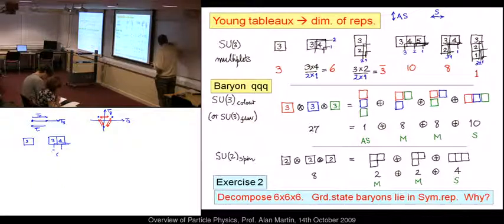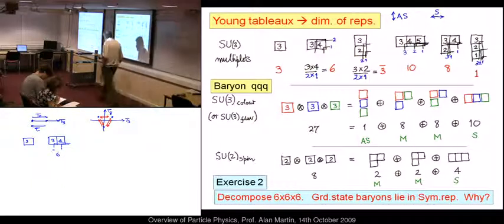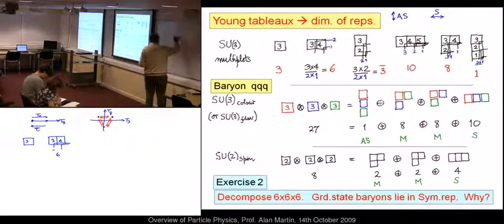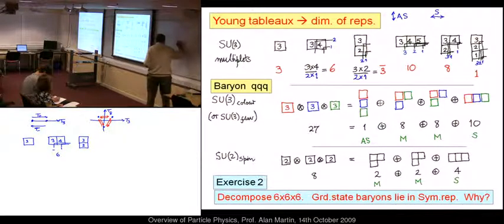So this is the 6-dimensional representation. This 6 there. We could have put the box underneath. When we put the box underneath, we decrease the number from 3 in steps of 1. By the hook rule, we get the first one going through 2 boxes again, and this one going through 1.